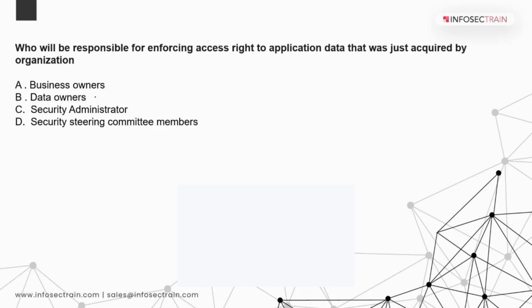Who will be responsible for enforcing access rights to application data that was just acquired by the organization? Team enforcing. Business owner? No. Sometimes business owner, sometimes data owner, right? But enforcement is not a business owner and data owner task.